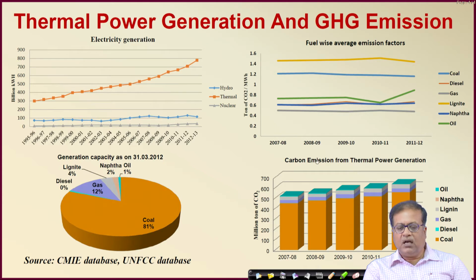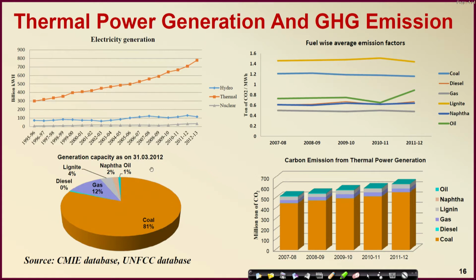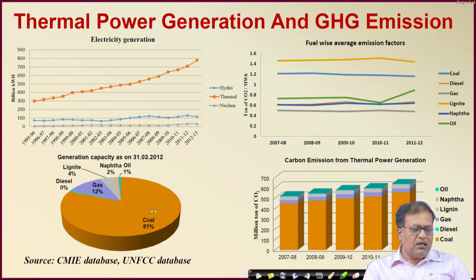That is one thing. And if you see the carbon emission from thermal power generation, just look at the share of coal. The carbon footprint is one of the highest with coal. And here is the generation capacity as on 31st March 2012, which is slightly old data. You can see that coal is as high as 81%.